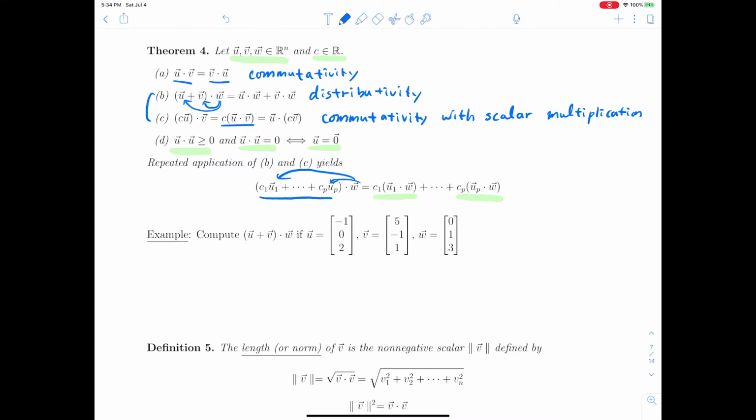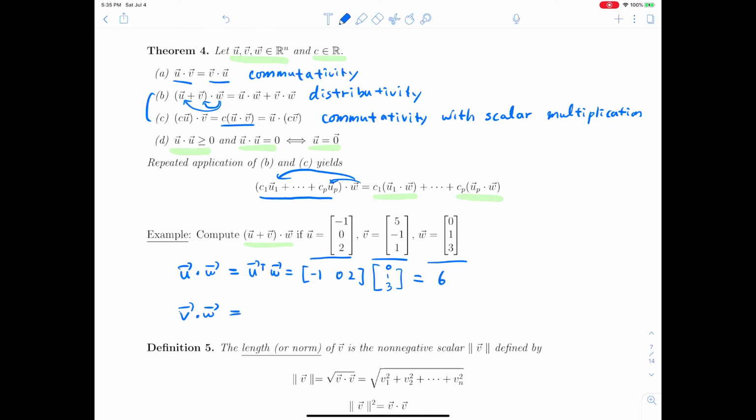Suppose that you have u, v, and w in this way, and we want to calculate (u plus v) dot w. Basically, this is the same as u dot w plus v dot w. Here, u dot w equals u transpose times the vector w, which is (-1, 0, 2) times (0, 1, 3), and this gives you 6, I guess.